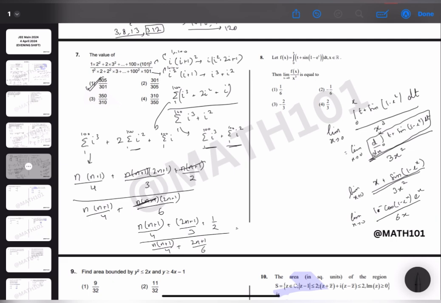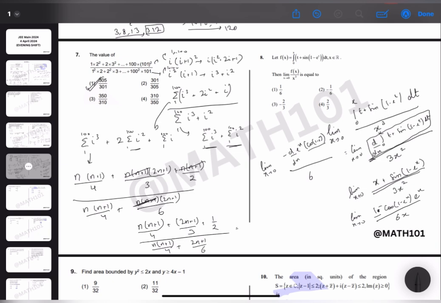Again apply L'Hopital's rule. Limit x tends to 0. Derivative of the denominator simply is 6. Derivative of the numerator, the 1 goes away. We are left with the derivative of e to the power of x into cos of 1 minus e to the power x.